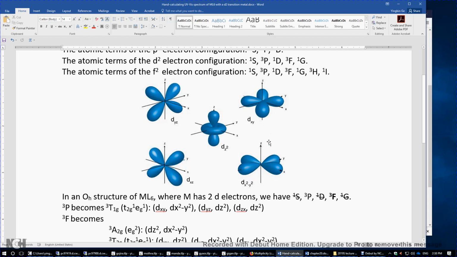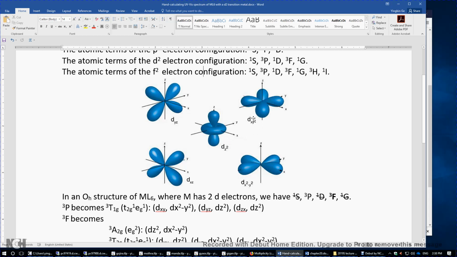So this is actually important. That means if you have 2 electrons, one in dyz, one in dz squared, they feel larger repulsion from each other than if you put one electron in the dz squared and the other in the dxy orbital.